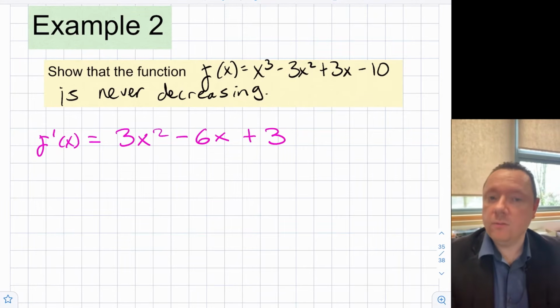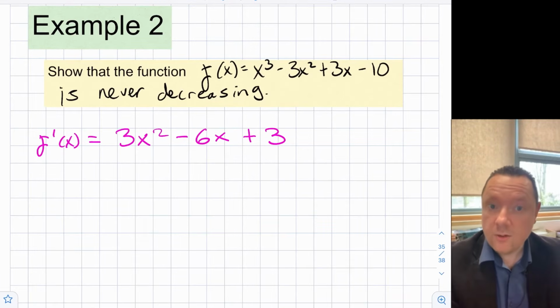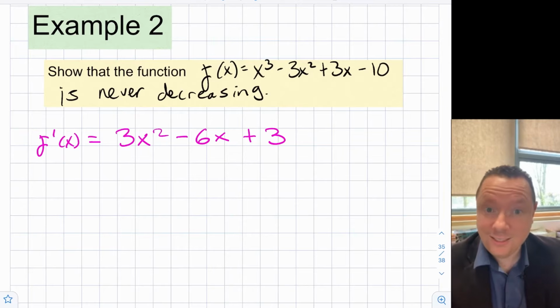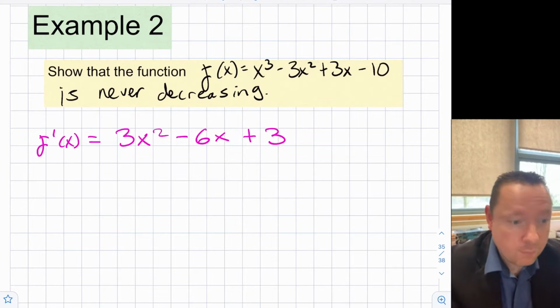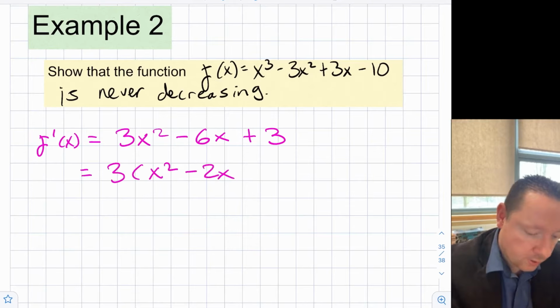Well, one of the things that I know is always positive is a square. If you square something, x times x is x squared, and a negative times a negative is positive. So if I can show that this is somehow a perfect square, then I can show that it's never decreasing and therefore always increasing, or at least 0. So let's just try and manipulate this. Taking 3 out as a common factor, we get x squared minus 2x plus 1.